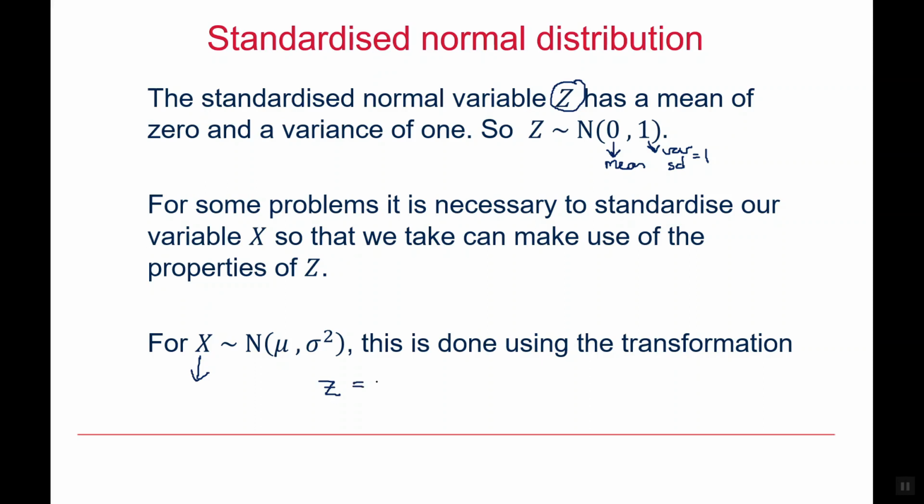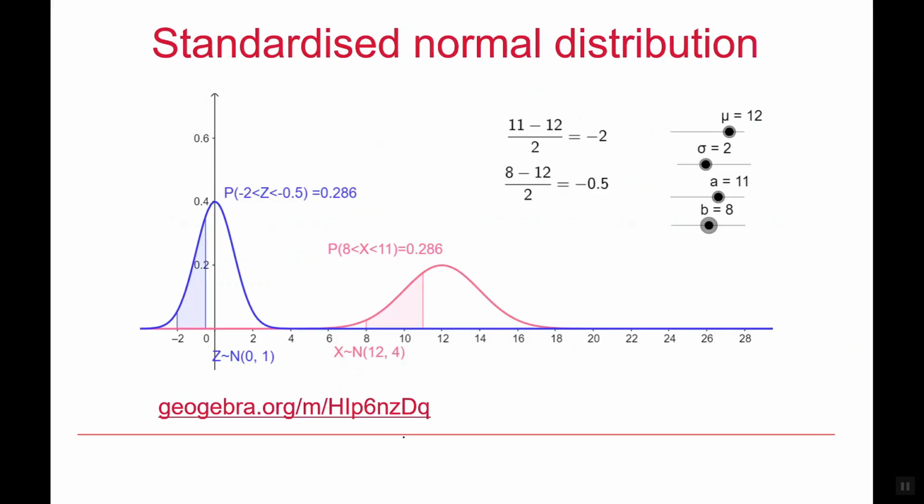And Z is obtained by taking the real life variable and subtracting the mean, so we find out how far above or below the mean we are, and dividing by the standard deviation. And that means that in effect a Z-score is simply telling us how many standard deviations above or below the mean a particular outcome is for a particular distribution.